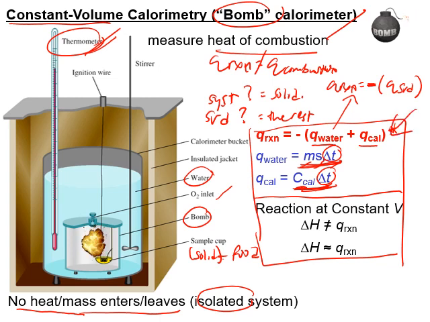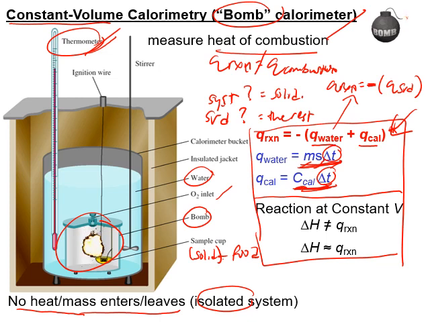But if they ask you to find the enthalpy change, students have to differentiate. Heat and enthalpy are two different things. Enthalpy is equal to the heat that occurs at constant pressure. But this does not happen at constant pressure because the pressure will build up inside here. This one happens at constant volume, so that's the difference.